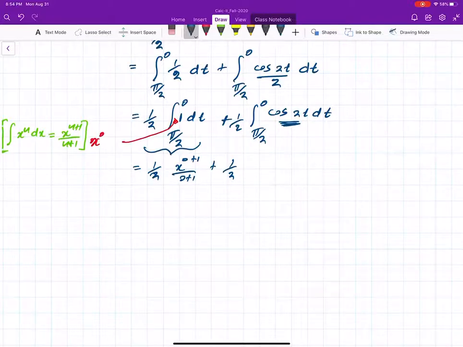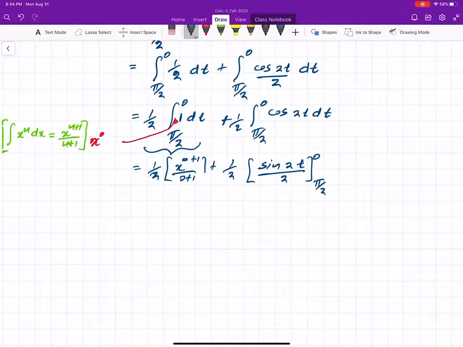The integration of this one is sine 2t divided by 2. Then you have to apply the upper and lower limits, pi over 2 to 0.